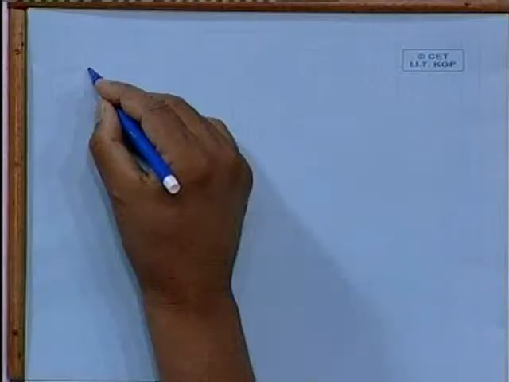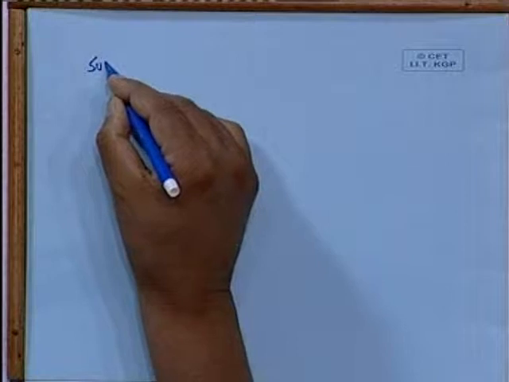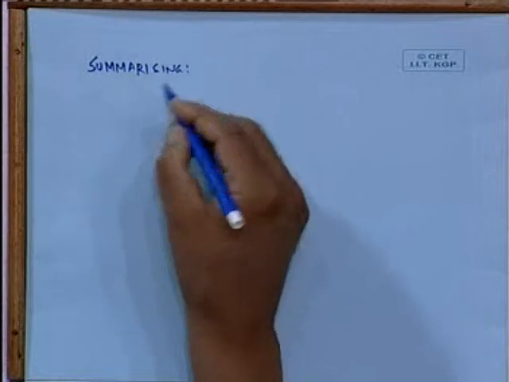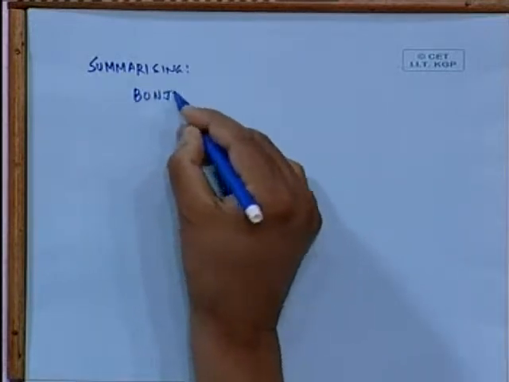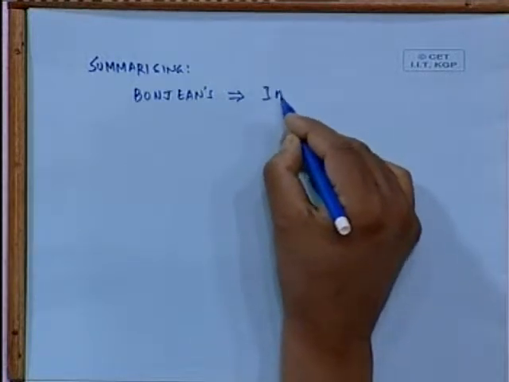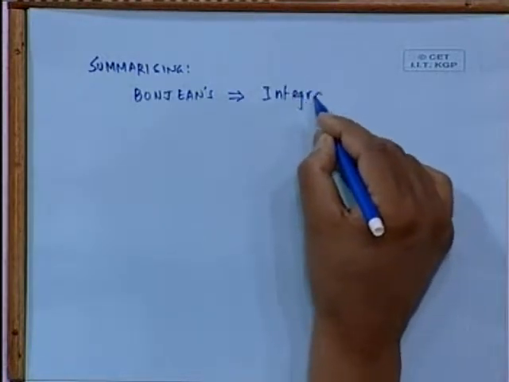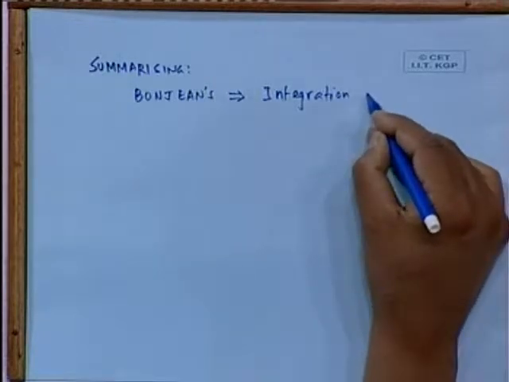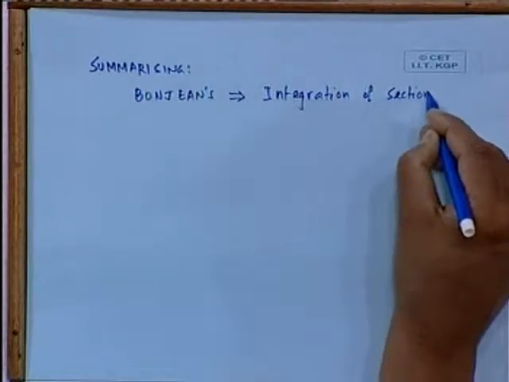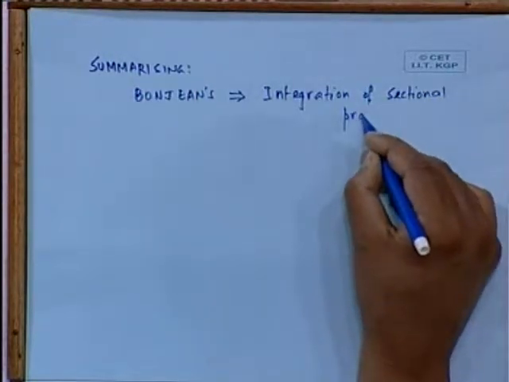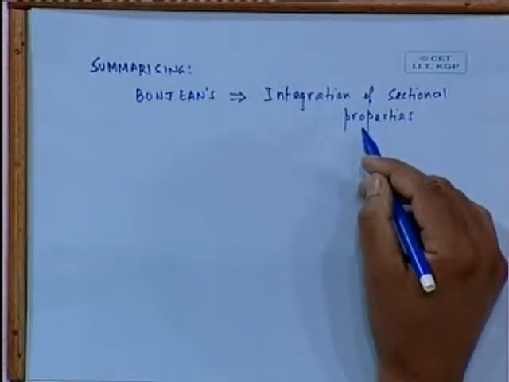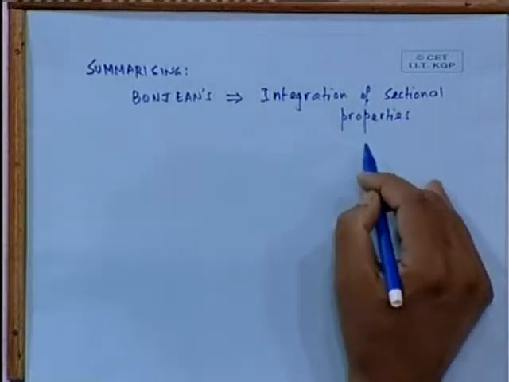So I will write, just summarizing: in principle, Bonjean curves represent integration of sectional properties, you may say. You are finding the area of the section and the vertical moment of the section. So this is basically a sectional property.